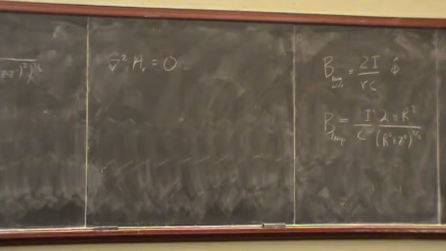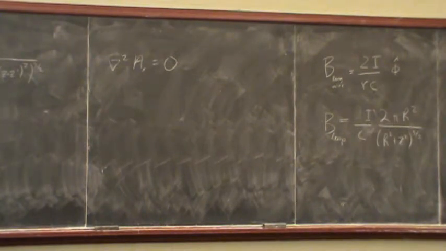And we can really only do this on axis. So for the length of the solenoid, what we're going to have to do is integrate, so Bz for a solenoid is, I'm going to integrate that from end to end, for example from position minus L over 2 to L over 2, of 2 pi I r squared over c.